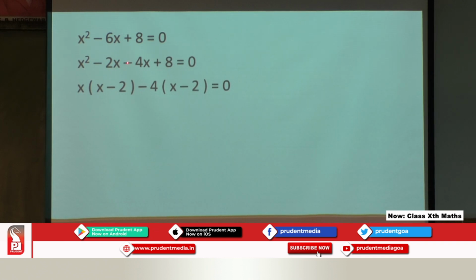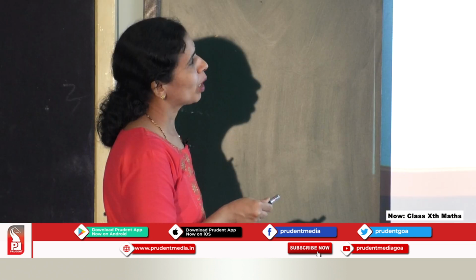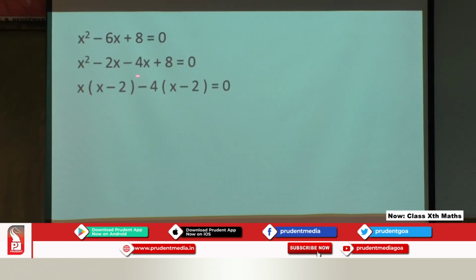Again the sign is negative, so I have taken the same sign, minus, and here 4 is common, 4 1s are 4, 4 2s are 8, so I have taken 4 as common with the negative sign. The remaining number is x minus 2, since the sign outside is negative, the sign changes, so x minus 2 equal to 0.